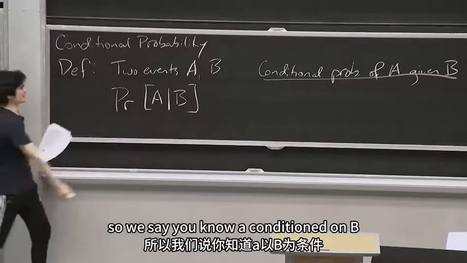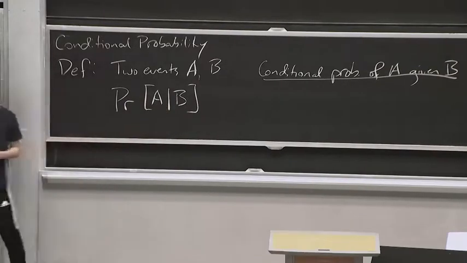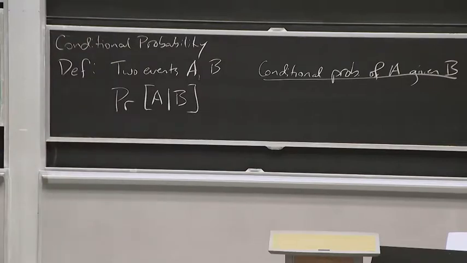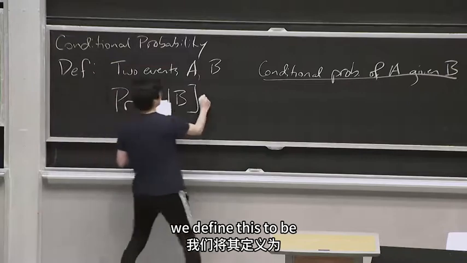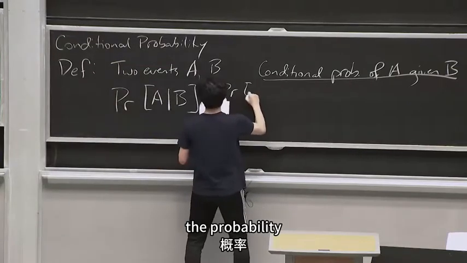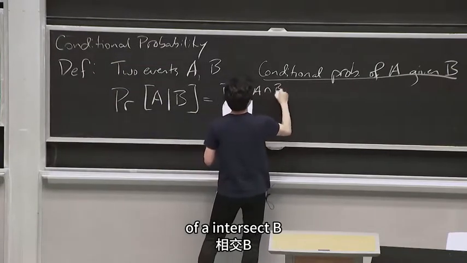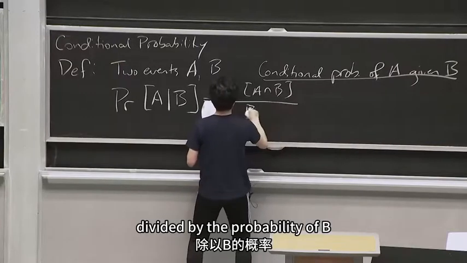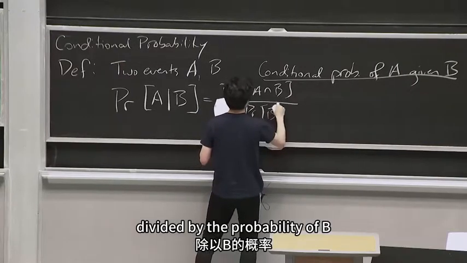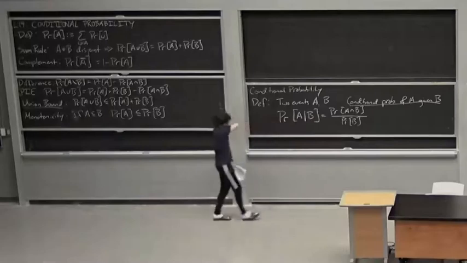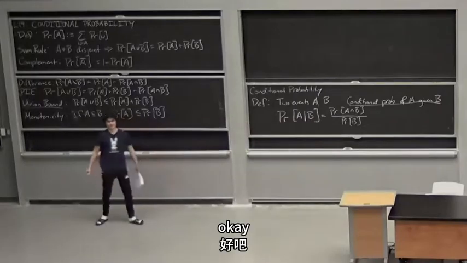We say, A conditioned on B, and we denote that with a vertical bar. We define this to be the probability of A intersect B divided by the probability of B. Okay?